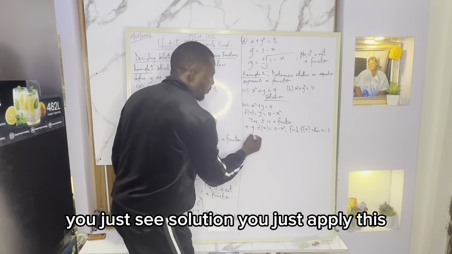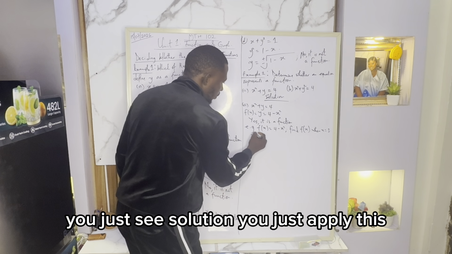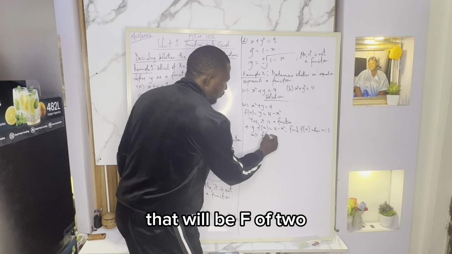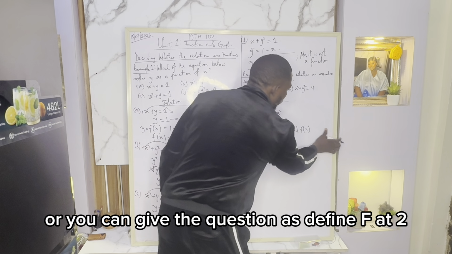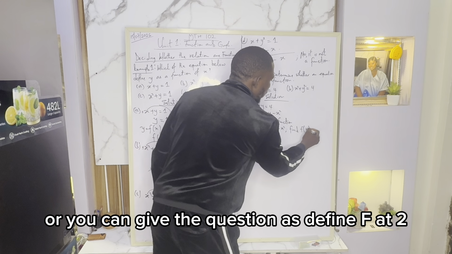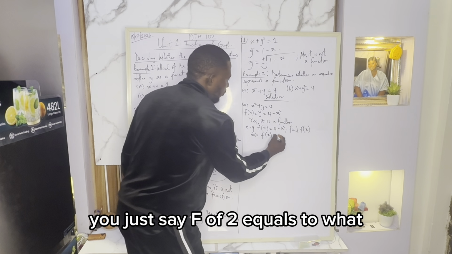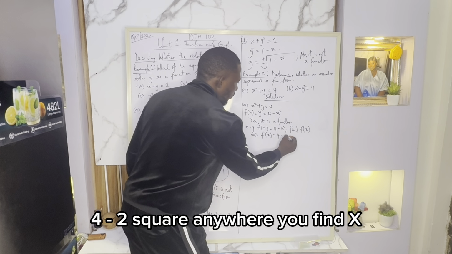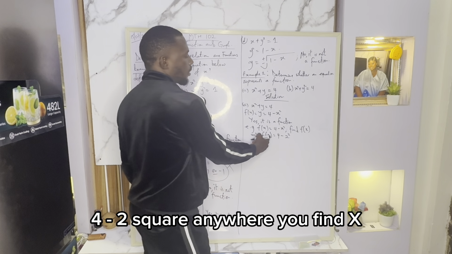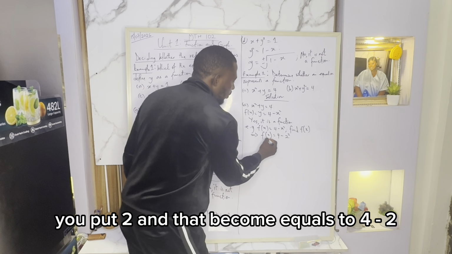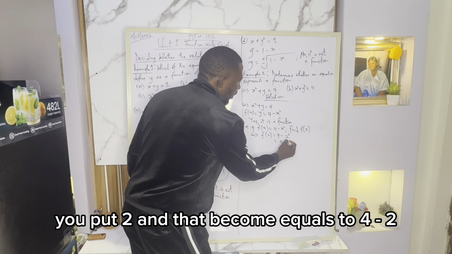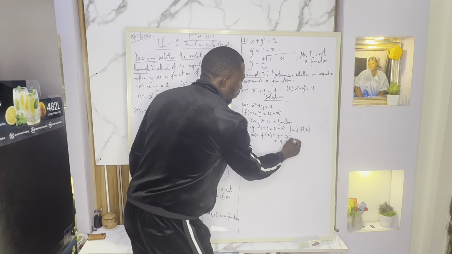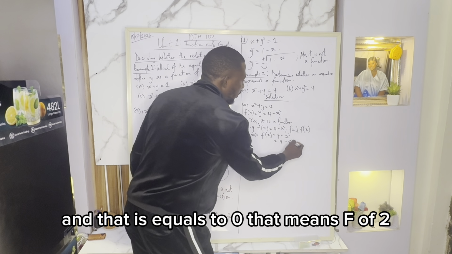So it's very simple. You just say solution. You just imply this. That will be f of 2. Or you can give the question as define f at 2. You just say f of 2 equals what? 4 minus 2 squared. Anywhere you find x, you put 2. And that becomes 4 minus 4, and that equals 0.